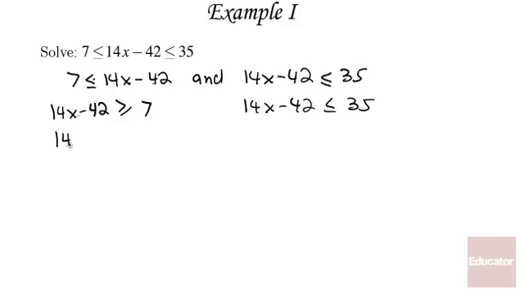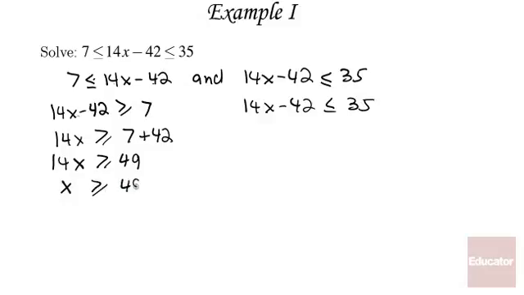Next, add 42 to both sides. And that's going to give me 14x is greater than or equal to 49. Now divide both sides by 14. And since that is a positive number, I don't need to reverse the inequality symbol.